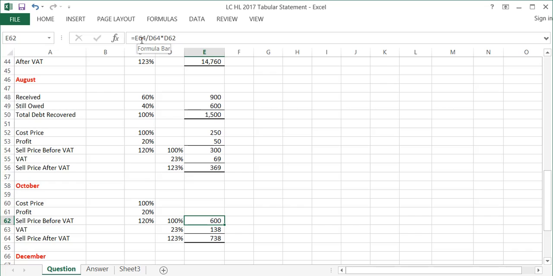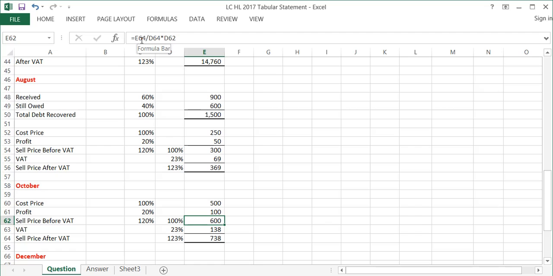Now again, that's after the profit of 20%. So this 600 is 120% of the cost price. So to get the cost price, I'm going to get the 600 divided by 120 multiplied by 100. So the cost price was 500, which means the original profit would have been €100.